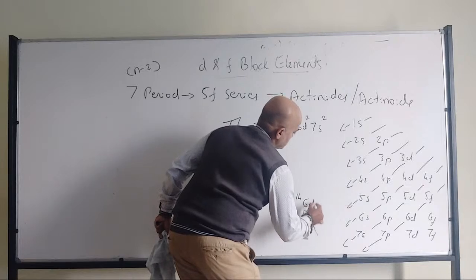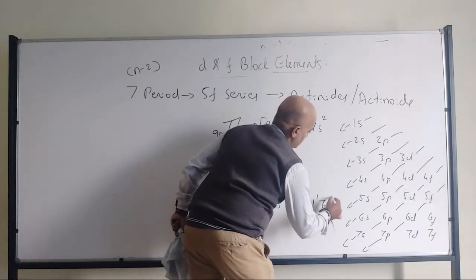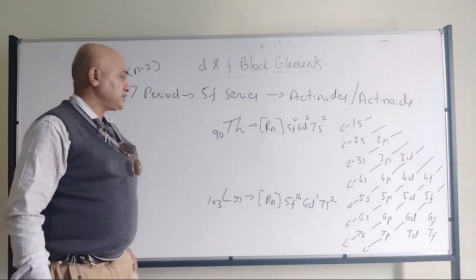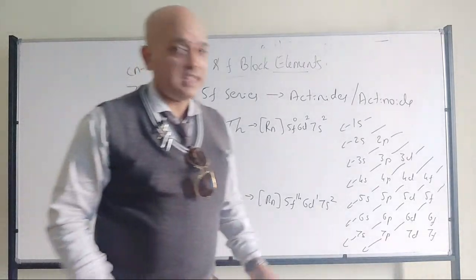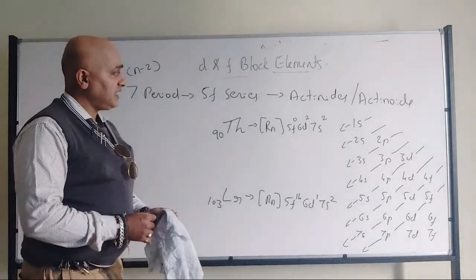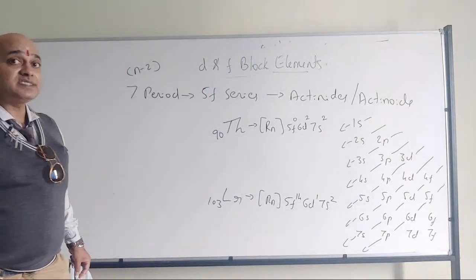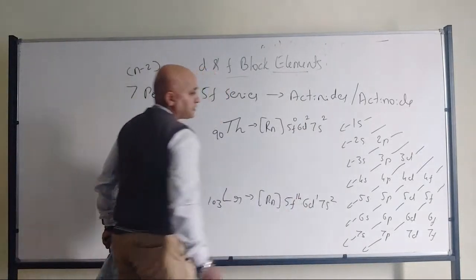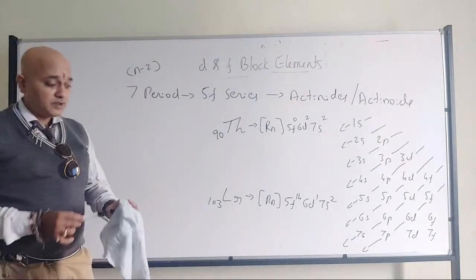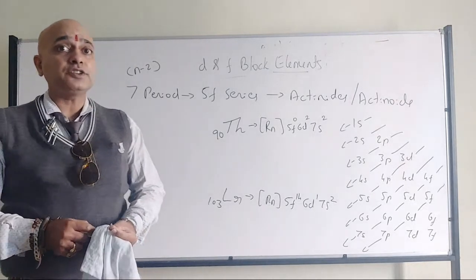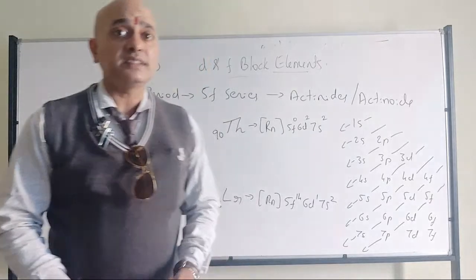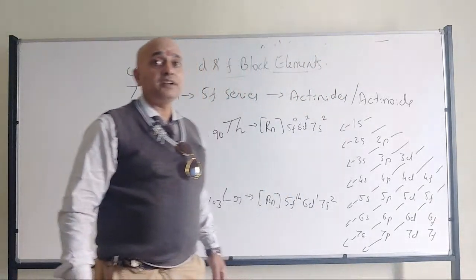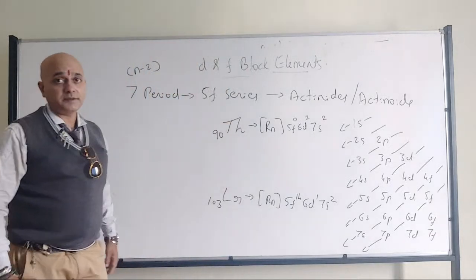Then 6d1, 7s2. So the last element is 5f14, 6d1, 7s2. Observe carefully: in the 4f series, only 1 electron was present in the d subshell. But here, in thorium, the first element itself, there are 2 electrons in the d subshell.